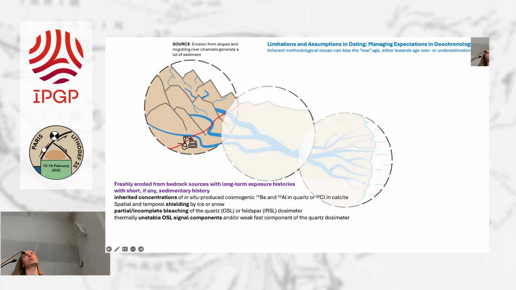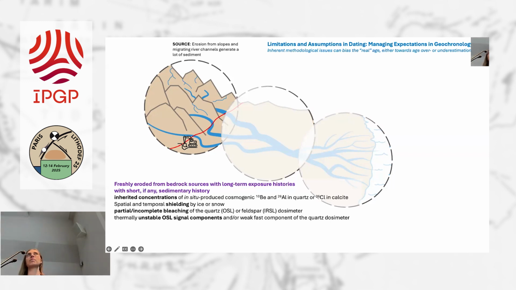So when you look at the source, what we have as a limitation is that we have fresh sediments that are eroded from bedrock sources with long-term exposure history, with short, if any, sedimentary history. It means that if you use cosmogenic dating, you have inherited concentration.